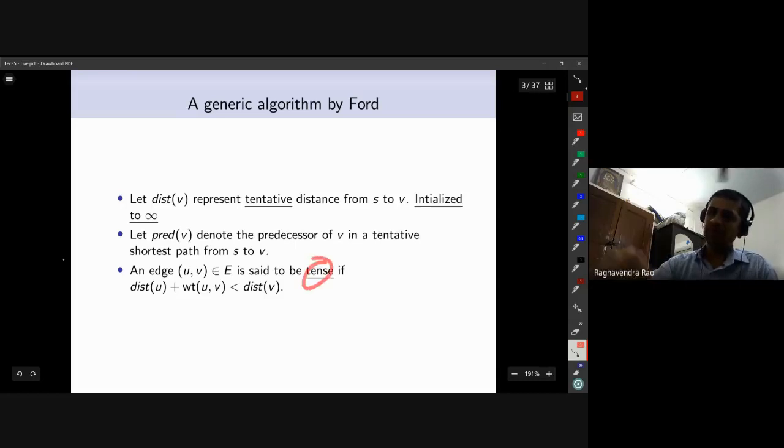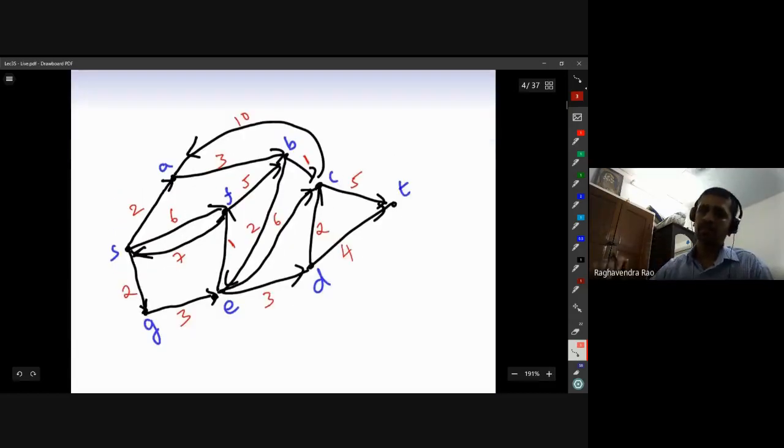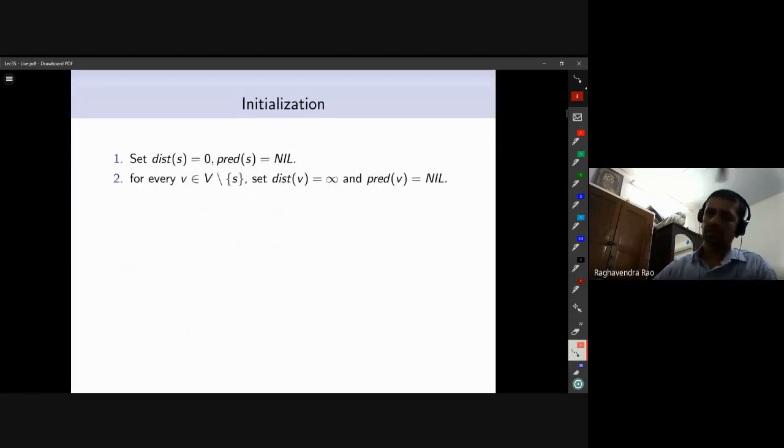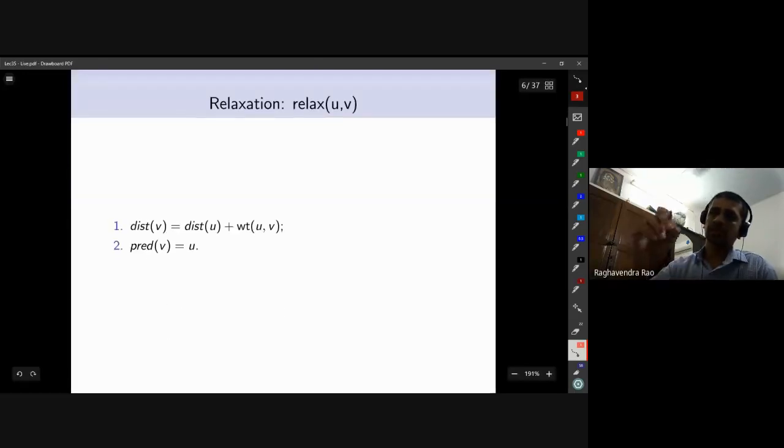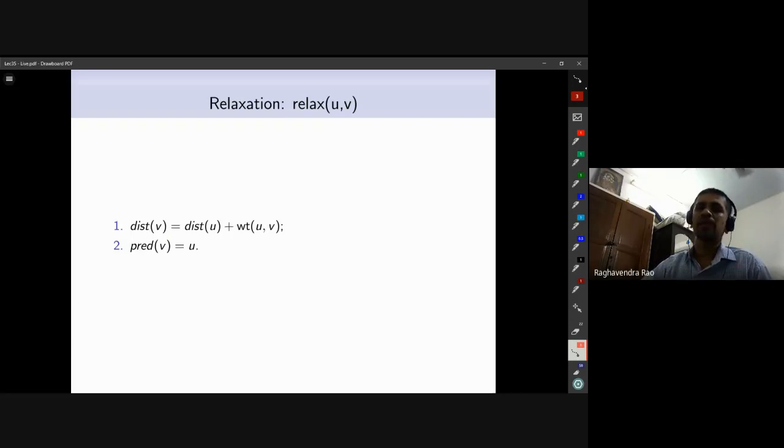For every tense edge, you apply this relax step. If the edge is tense, then you update the distance of the vertex V, the endpoint of the edge UV, with the distance of U plus weight of UV, and you accordingly update the partial shortest path tree that we are building with the predecessor of V as U.